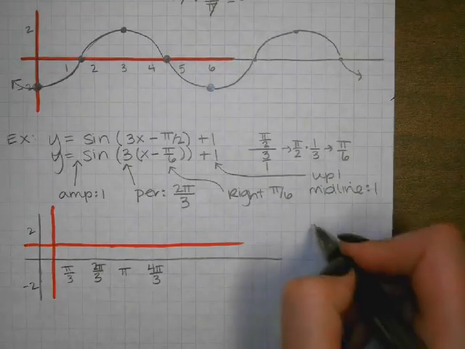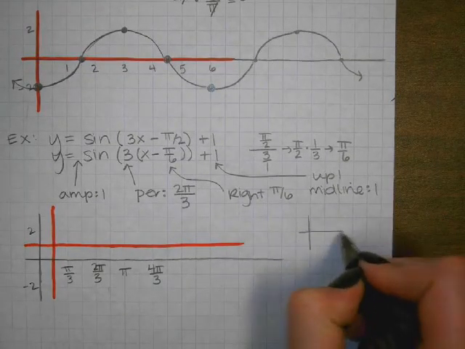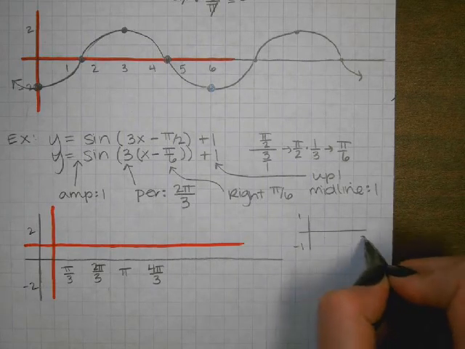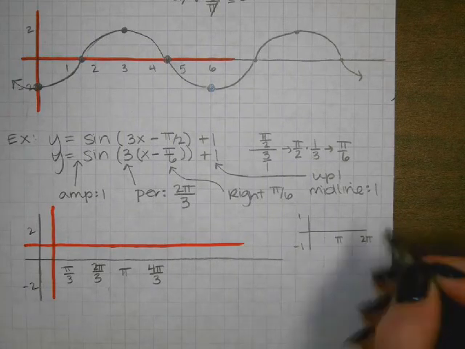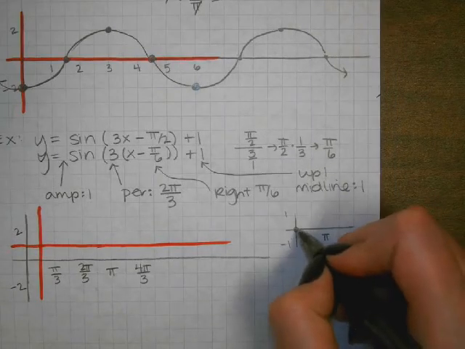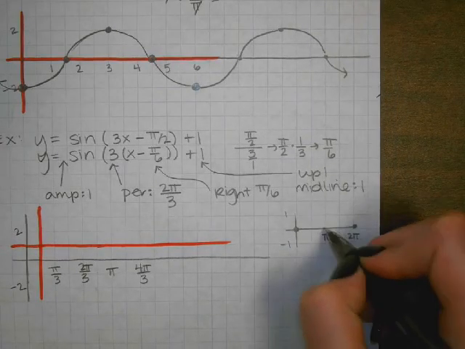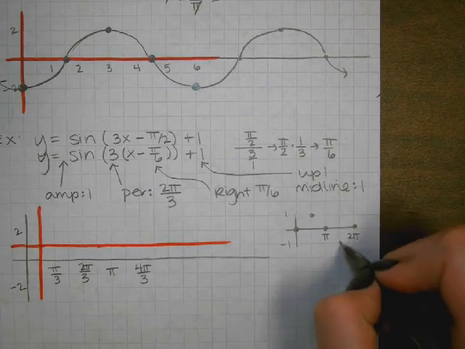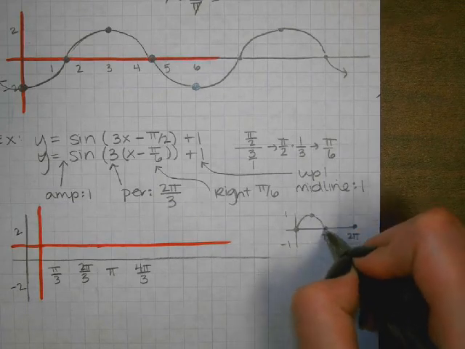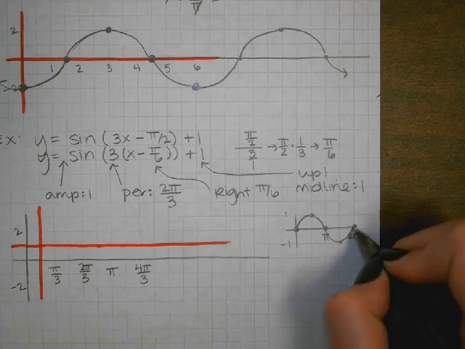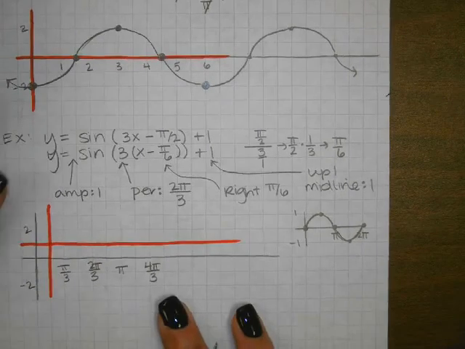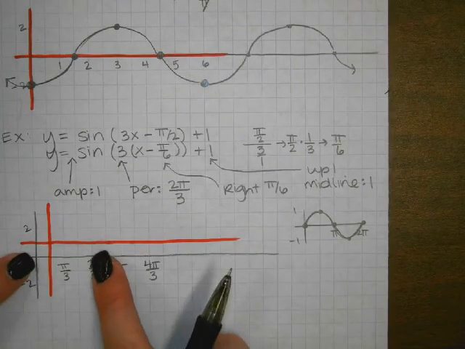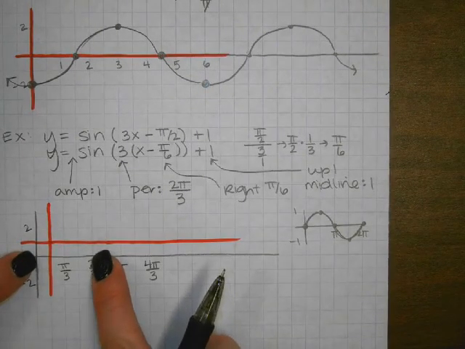So let's remember what a sine graph looks like. A sine graph normally starts at 0, ends at 0, hits 0 in the middle, goes up to 1, goes down to -1. Okay, so for our graph, we have to remember how many boxes this was. It was 4 boxes. That was the full period of the graph.